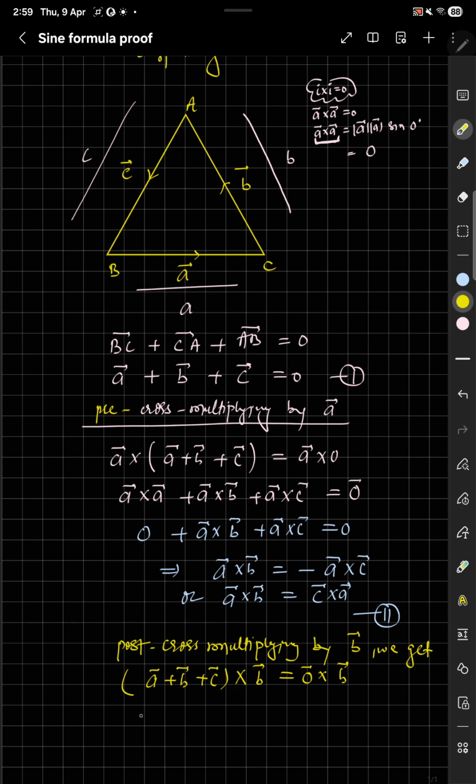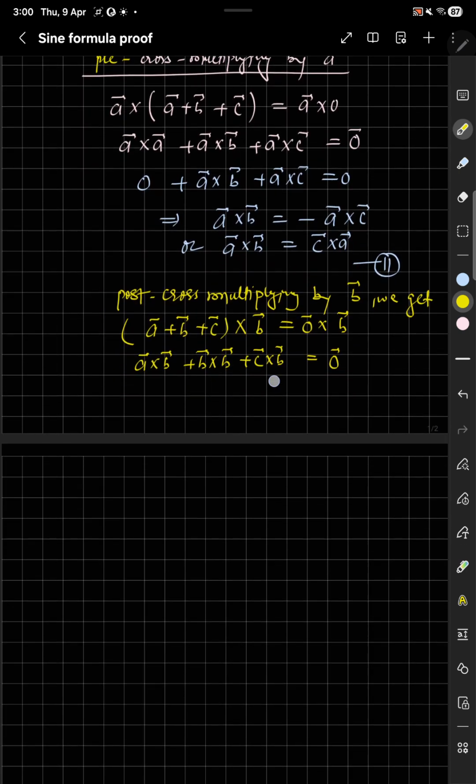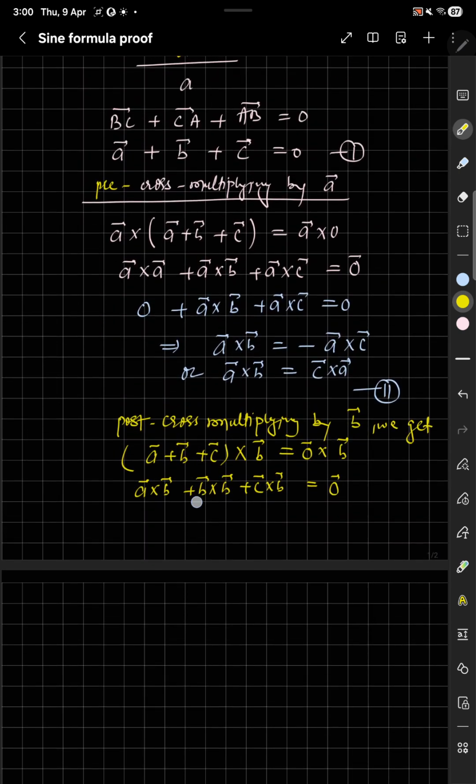If you multiply this, what you get? a cross b plus b cross b plus c cross b is equal to 0. After this, you can see b cross b will become 0. So a cross b is equal to minus of c cross b. If you interchange this, the sign will also change. So a cross b is equal to b cross c.